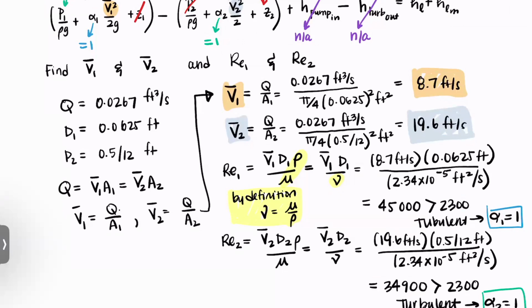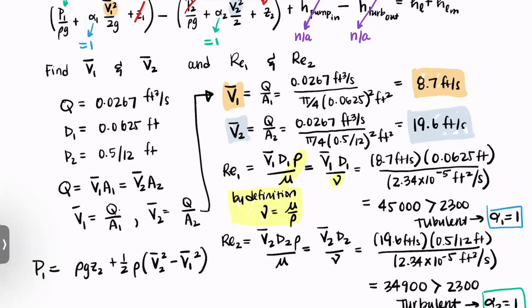So I have P1 is equal to rho G Z2 plus 1/2 rho times the quantity V2 squared minus V1 squared. I've taken into account that alpha 1 and 2 are both equal to 1.